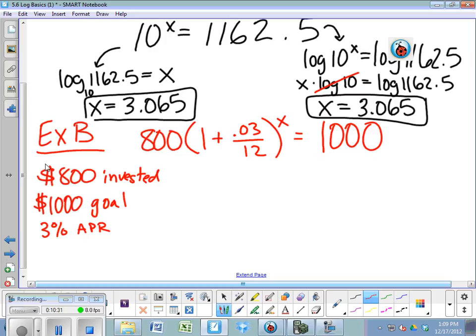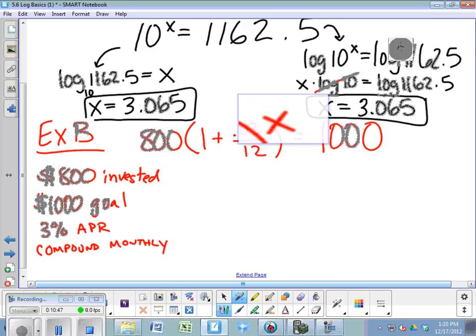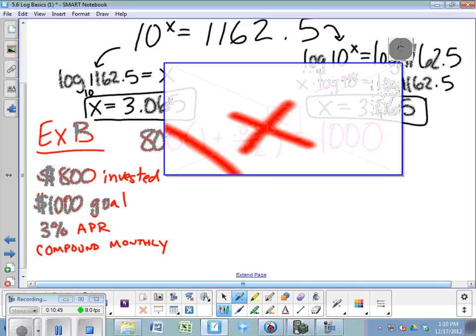It's compounded monthly. I know that it's monthly because of the 12. The answer that we get is going to be what? The number of months. If you divide by 12, you'll get the number of years for it to take to reach that goal. Okay?